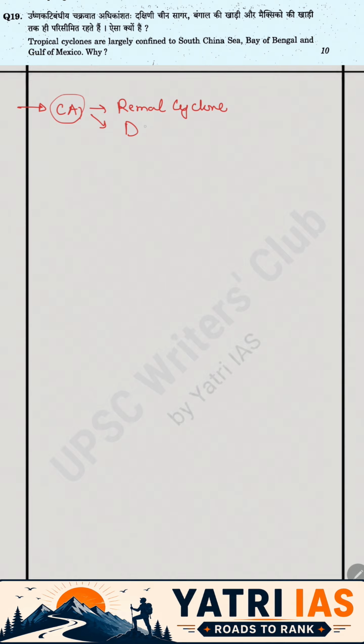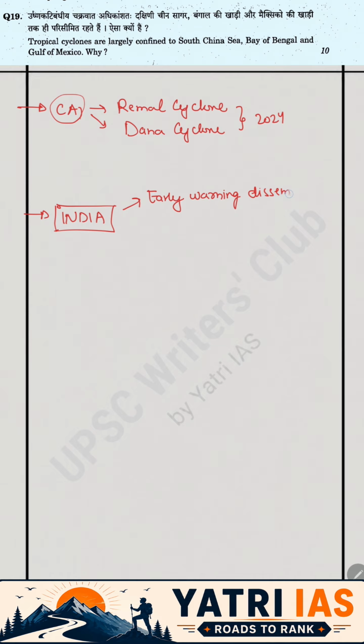After this, you should mention certain current events like Remal cyclone or Dana cyclone, which took place due to all these favorable conditions arising in the Bay of Bengal. Then you have certain initiatives by India. What are those? Let's see. India continues to strengthen the early warning dissemination system.